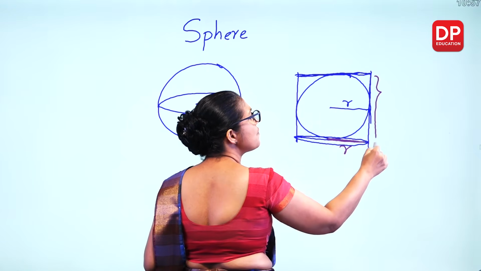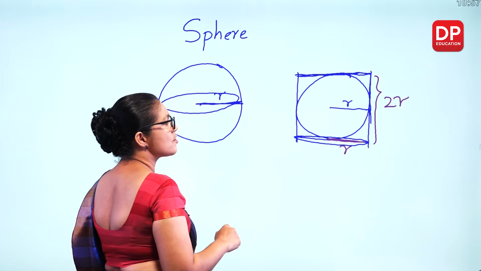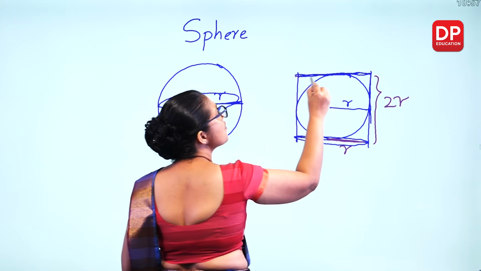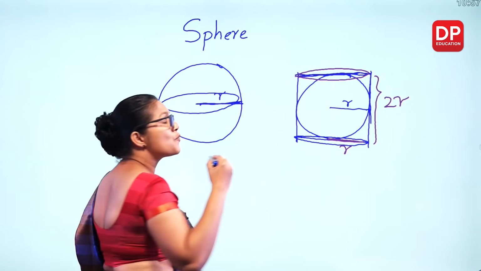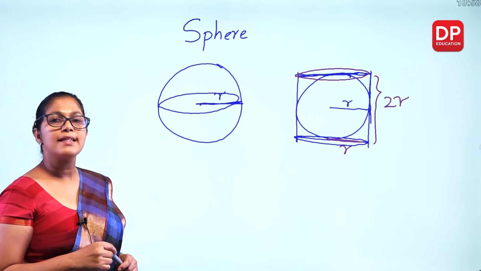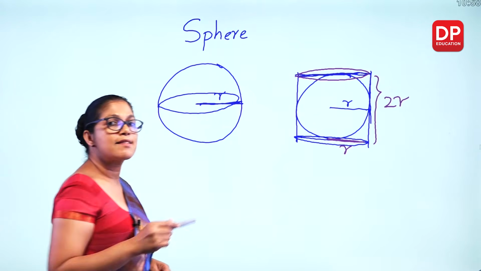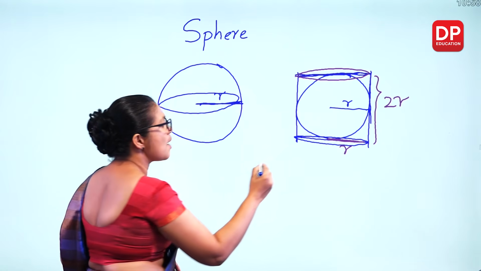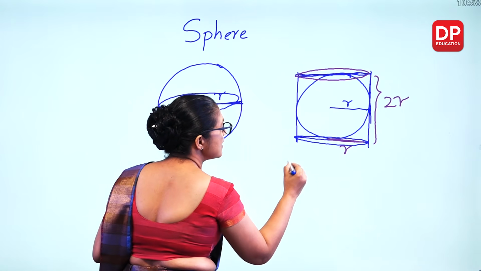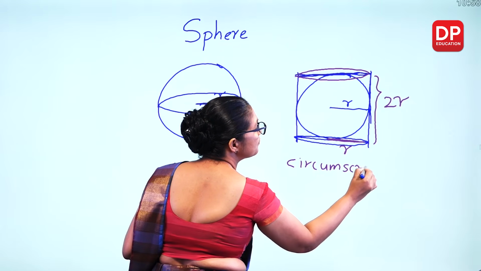So the height of the cylinder becomes 2r. When you inscribe the sphere inside a cylinder, you get something like that. This cylinder is called the circumscribing cylinder.